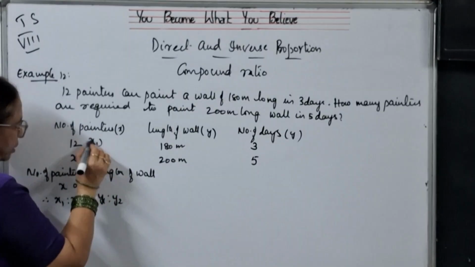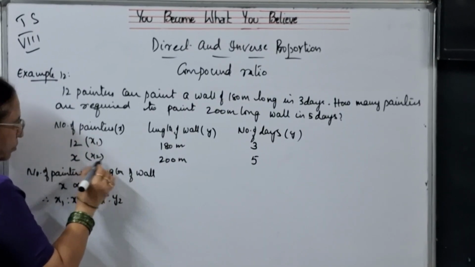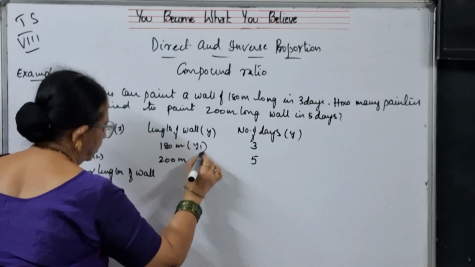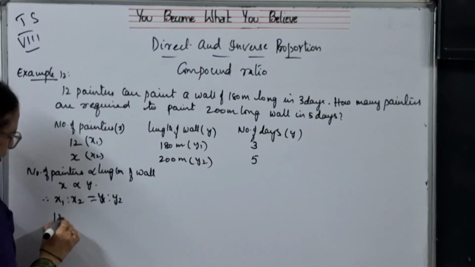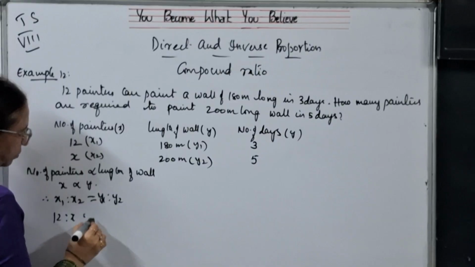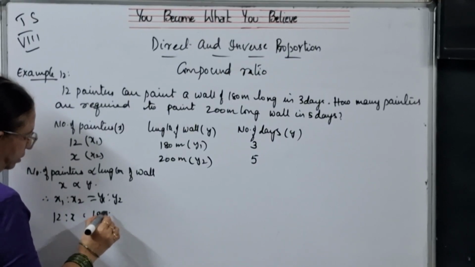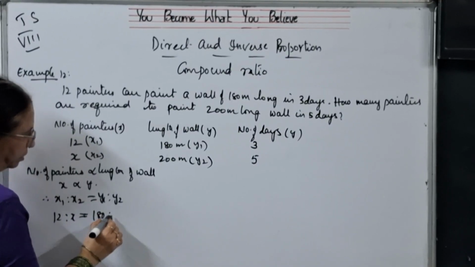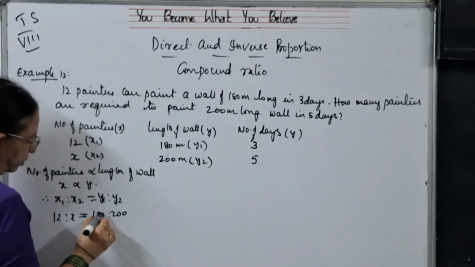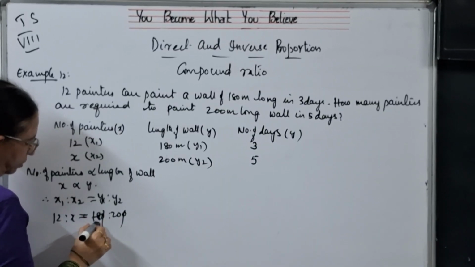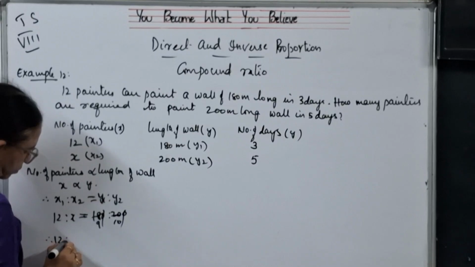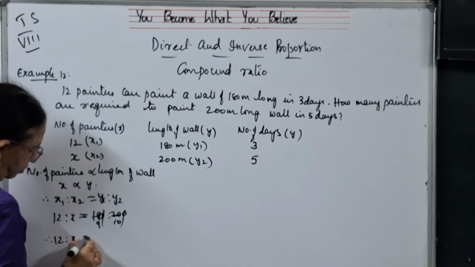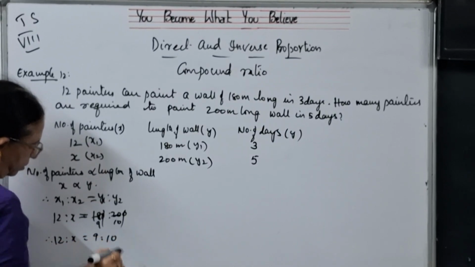So this is X1, this is X2, Y1 and Y2. So 12 is to X is equal to 180 is to 200. So you can simplify 0 and 0, 2 nines are, 2 tens are. Therefore 12 is to X is equal to 9 is to 10.